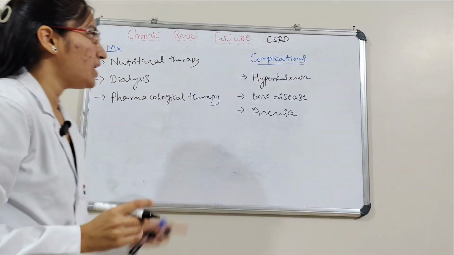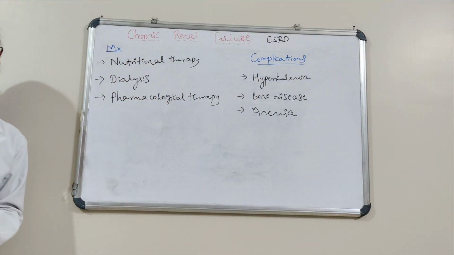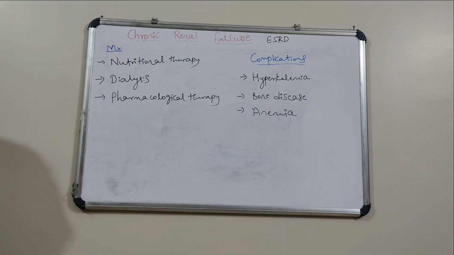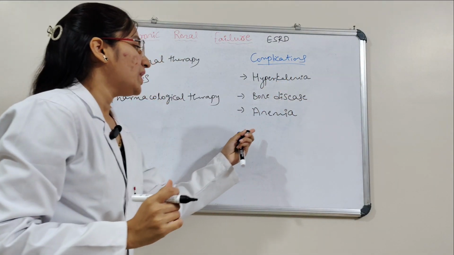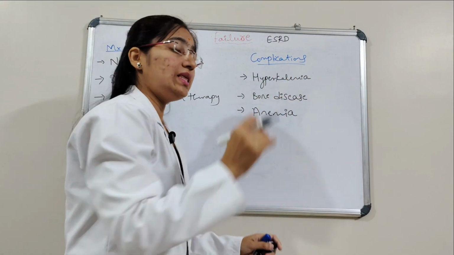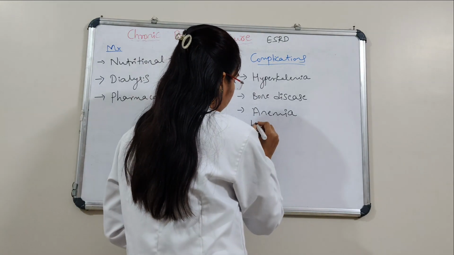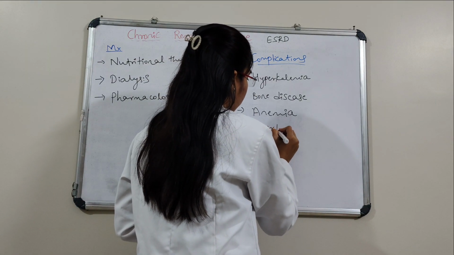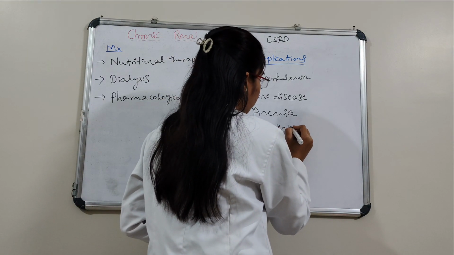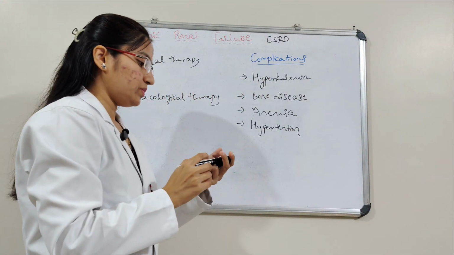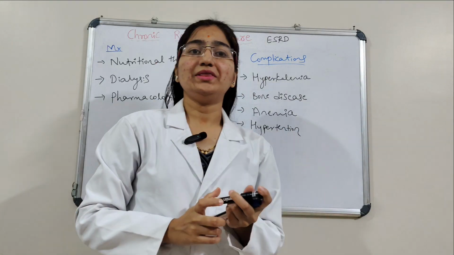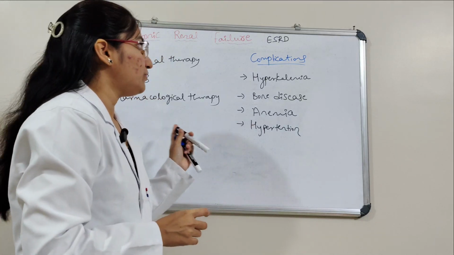Hyperkalemia is nothing but an increased potassium level in the blood. Bone disease, and then anemia, and also we can see hypertension here. These are the complications. I hope you all are very clear with the topic chronic renal failure.